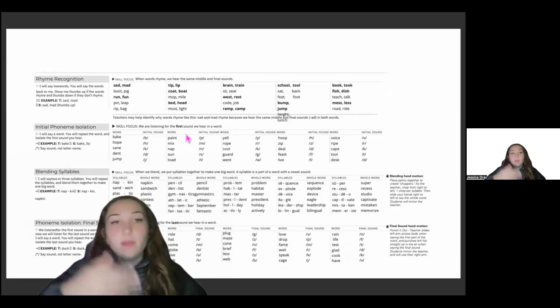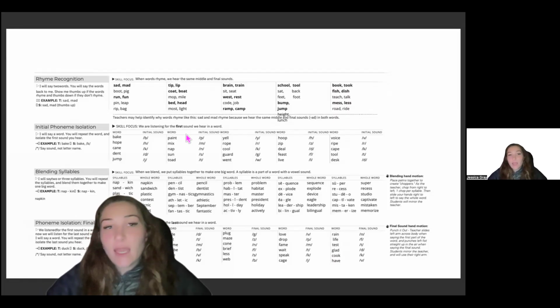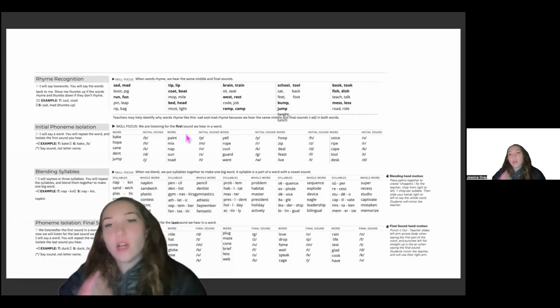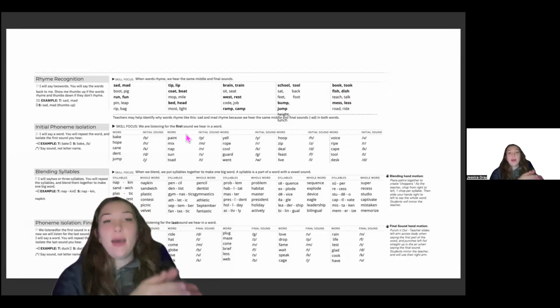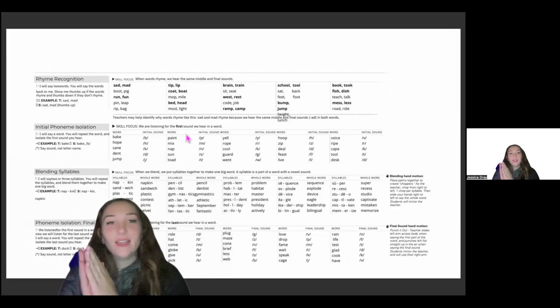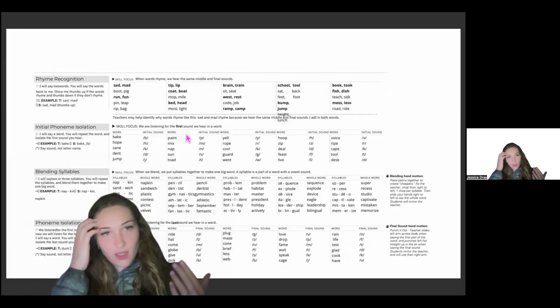And then, for the blending syllables, I would say two or three syllables, and then we're going to blend them together. So I would say choppers ready, then they would say choppers ready. We would start off, I would say napkin, and then students would say napkin, napkin. So this is a quick thing.